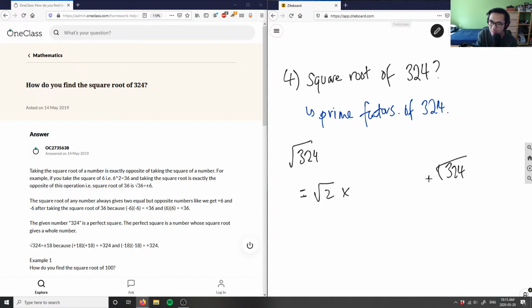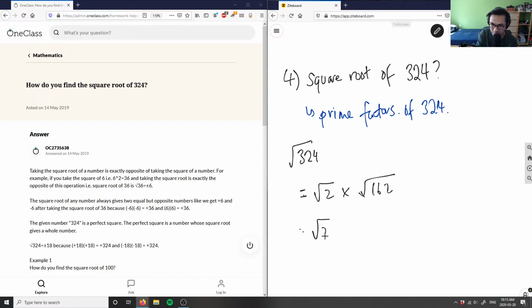No, I can't do it in my head. 2 times 1 is 2. 3 minus 2 is 1. Bring down the 2. 2 times 6 is 12. 0, 4. Oh, it is 162. Cool. It's just side work here, me dividing 324 by 2 if you're not given a calculator. So this here is root 162.